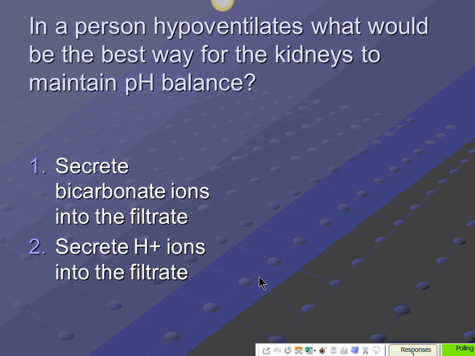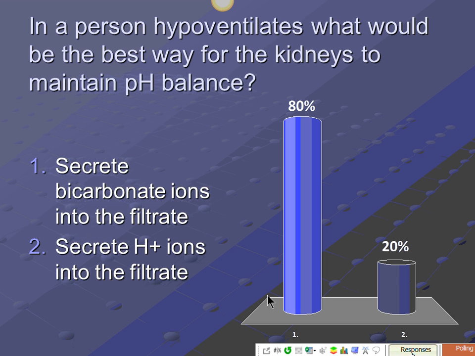So think, when you hypoventilate, what are you retaining? And what do you want to get rid of? Okay. The correct answer, they secrete hydrogen ions into the filtrate. See, here I'm telling you what the person is doing.